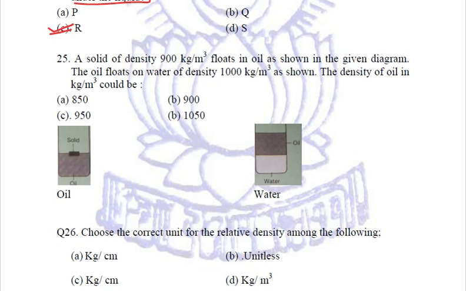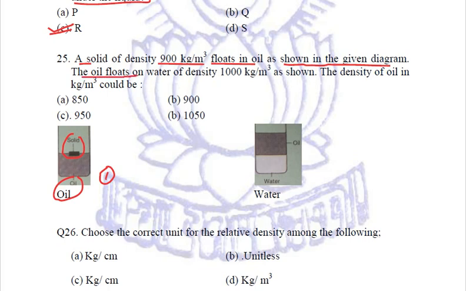Now try to relate. A solid of density 900 kilogram per meter cube floats in oil as shown in the given diagram. So this is a solid which is floating on the surface of oil, as we can see in figure number 1.